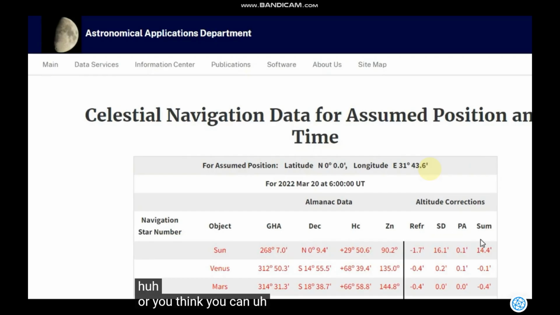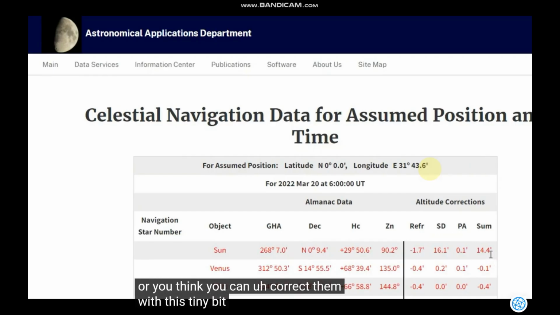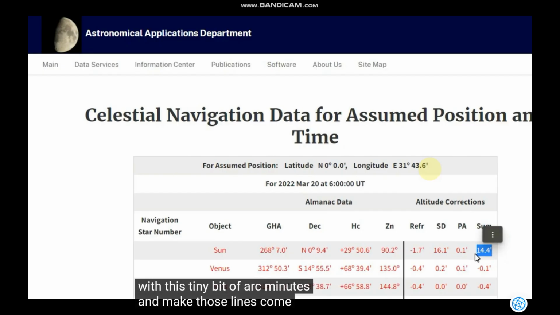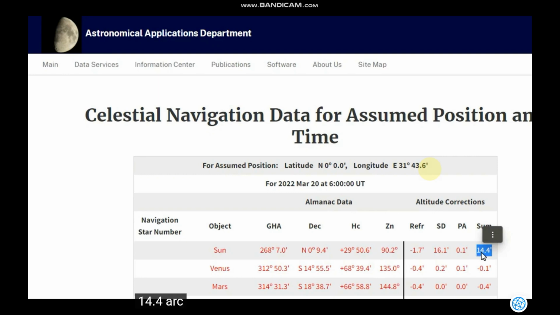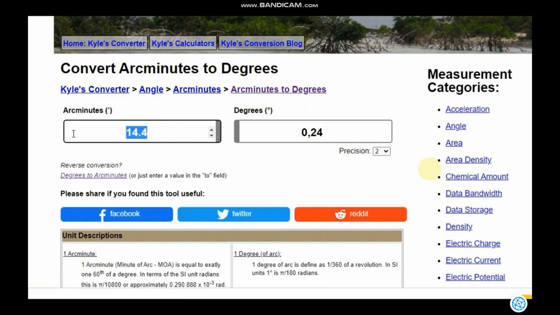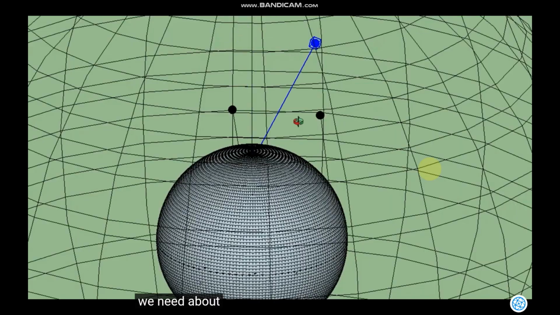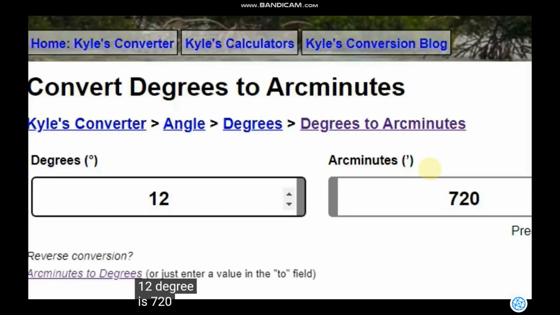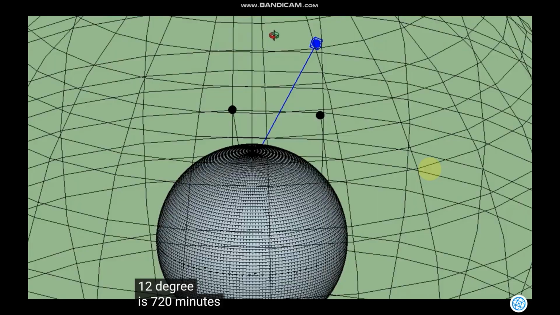Or do you think you can correct them with this tiny bit of arc minutes and make those lines come together? 14.4 arc minutes is a quarter of a degree, and 60 arc minutes is 1 degree. We need about 12 degrees to line those up. 12 degrees is 720 arc minutes.